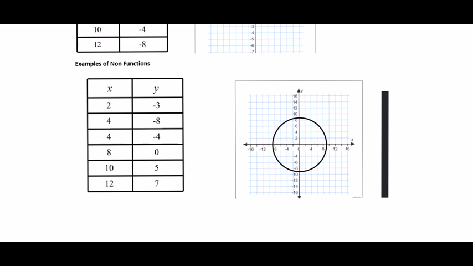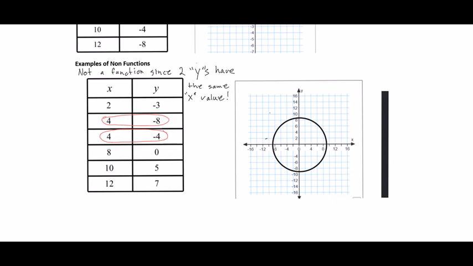Notice we have a matching x here with a corresponding y value, and we also have another x here with a corresponding y value. When you indicate these on assignments, the best way is to say not a function. This is not a function since two y's have the same x value.